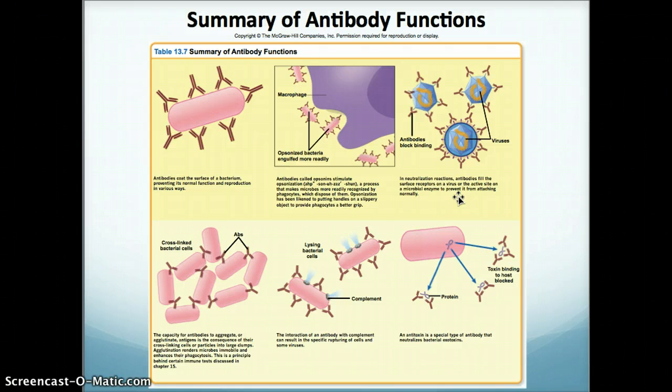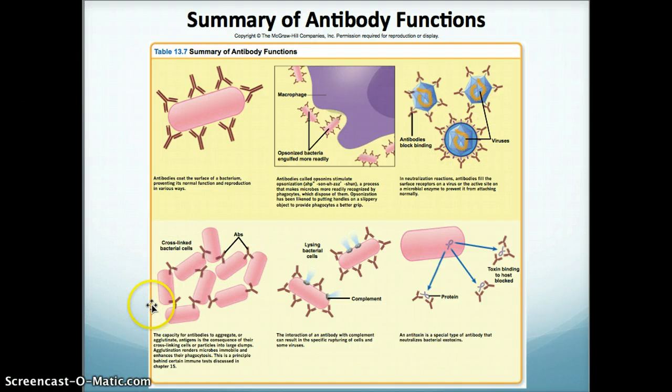And in neutralization, the antibodies will cover the surface receptors of a virus or an active site of a microbial enzyme to prevent it from functioning normally. So these are all the ways that it does this, with the bacteria up here and the bacteria here to be phagocytized, and then here we're looking at a virus.